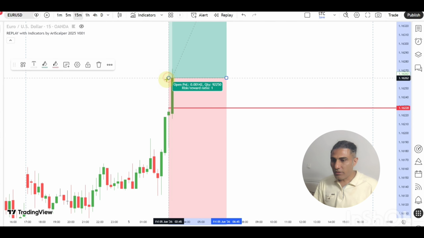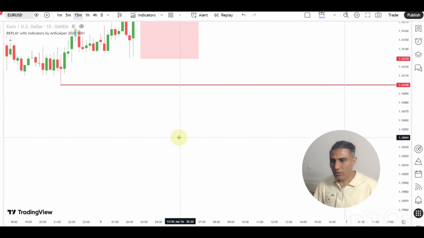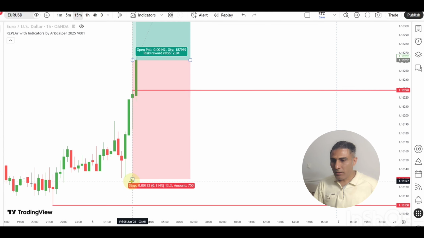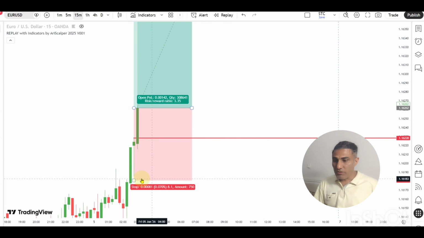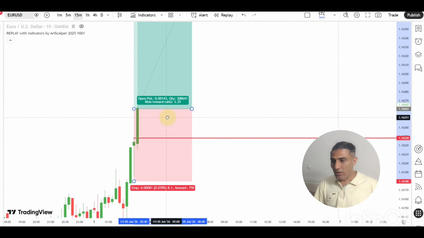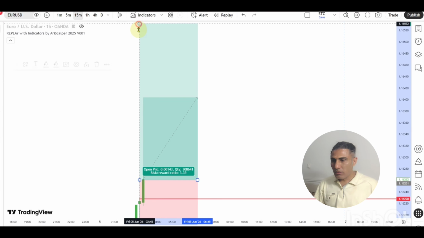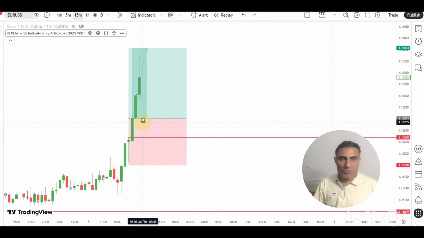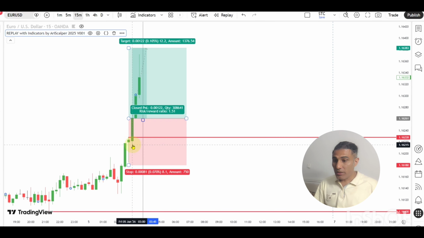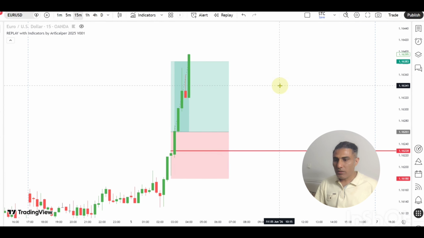Here we can enter at the close of the candle, and again the correct stop loss would be below this hammer, with a risk to reward of 1.5. Still, you could put your stop loss below this candle, but the right one would be here. And that's it. The target is hit.